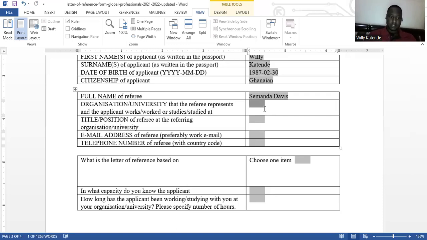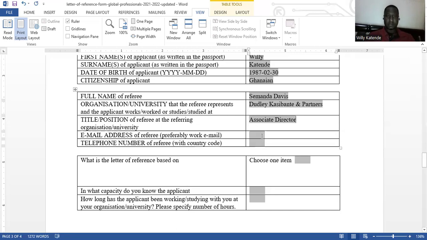Maybe you can put Dudley Kasibante and partners. Title or position of referee at the referring organization. So maybe you can say associate director. Associate director, maybe it's the title.